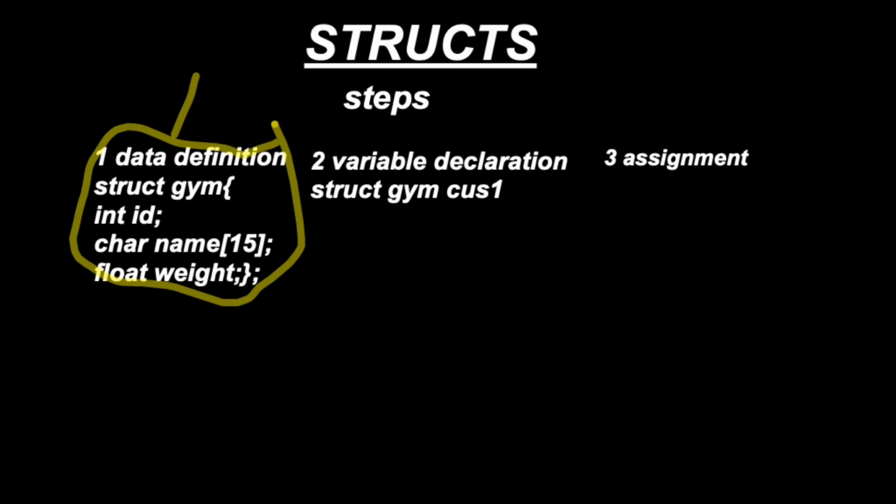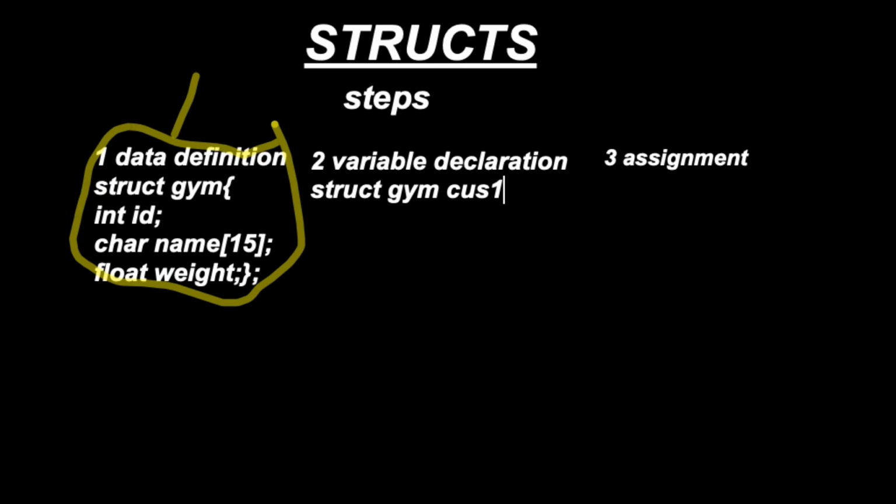You need to know that struct is a variable, but it's a special type of variable that actually stores related data. Because of this, it's not declared the same way we normally declare variables. We have to define the data first, and then we have to declare the variable.